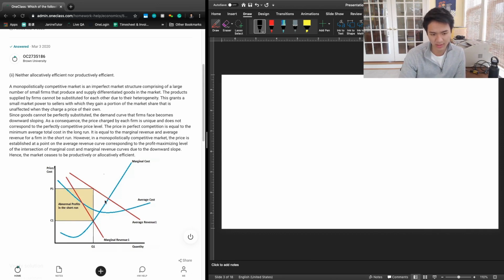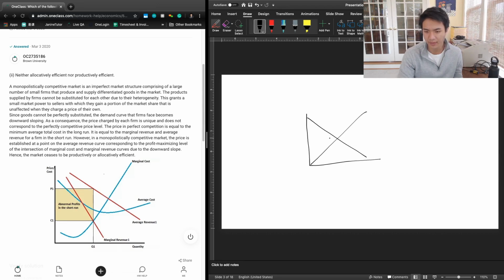Allocative efficiency is basically maximized when you have a perfectly competitive market at equilibrium, right? If we have a graph of perfect competition on the left, where we have our demand and our supply, and we are producing at this point here, all of this area becomes surplus, and that maximizes our allocative efficiency.